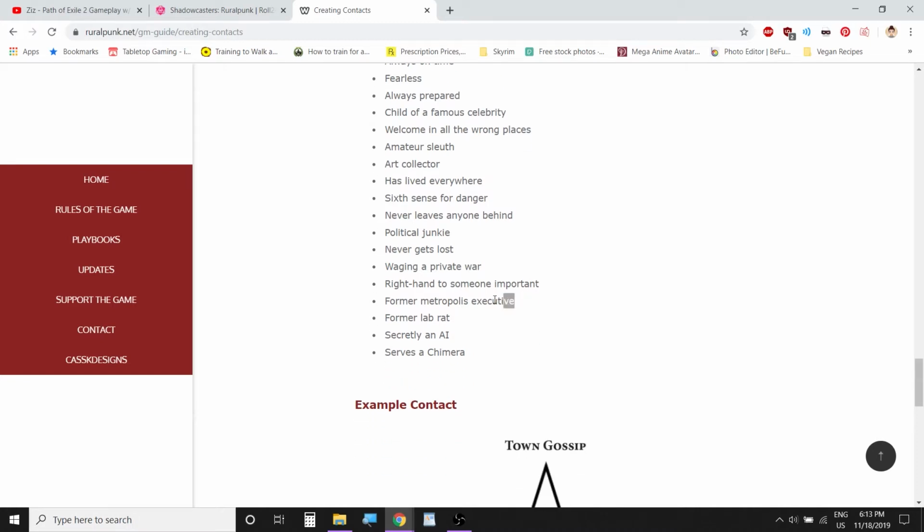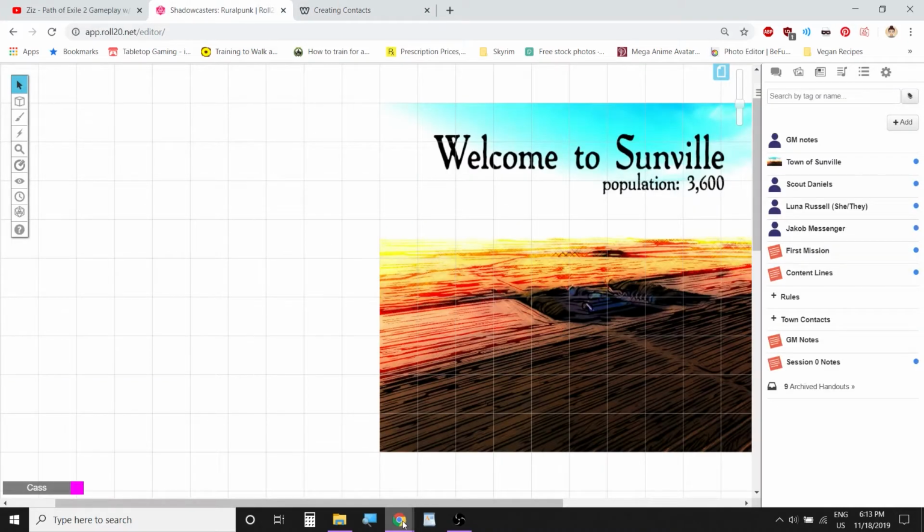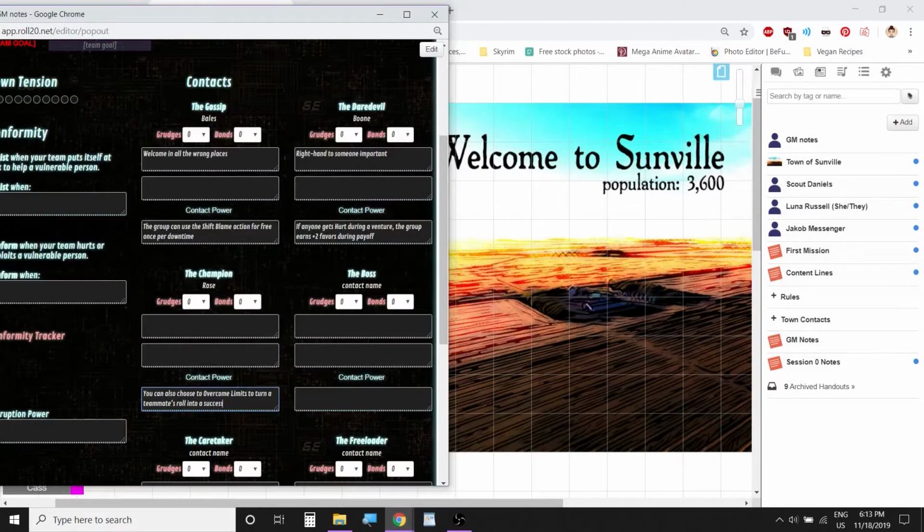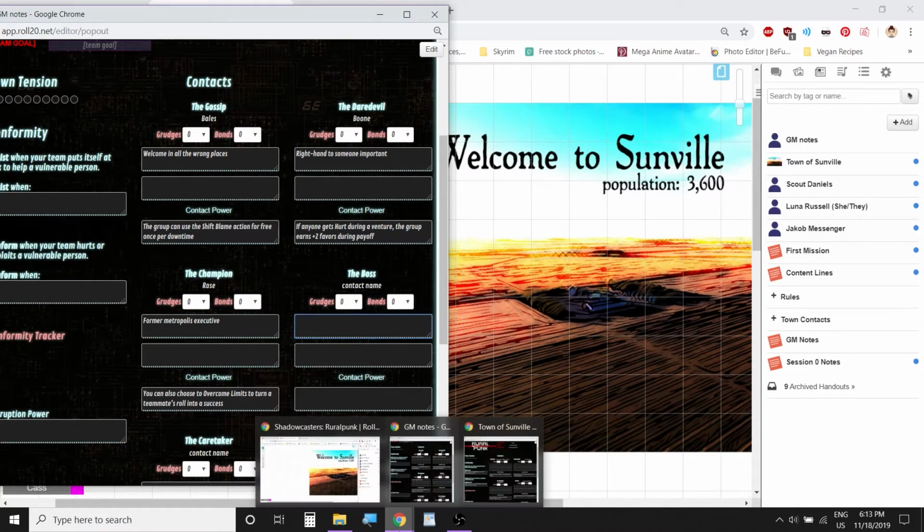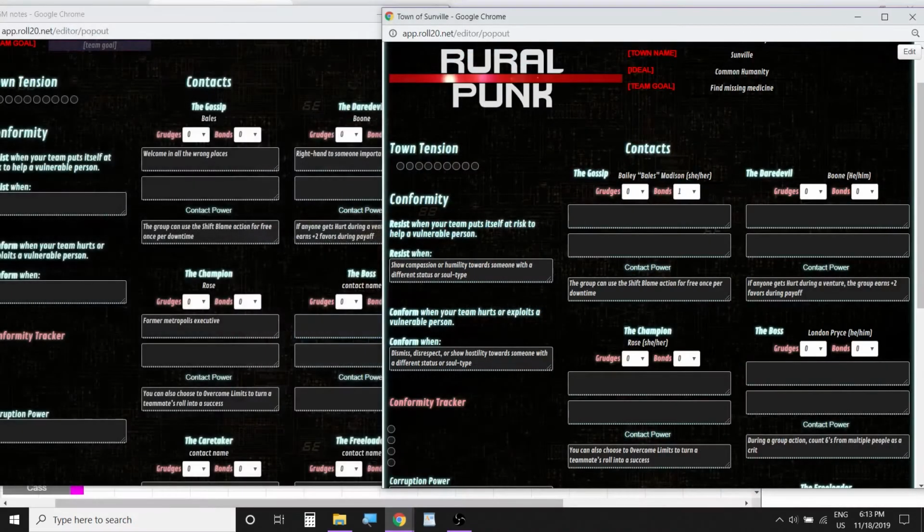Alright, I think it's interesting if Rose is a former Metropolis executive, because I think little old lady is not typically what people think of. So former Metropolis executive. It's going to be the first thing they can learn about Rose if they get to know her.